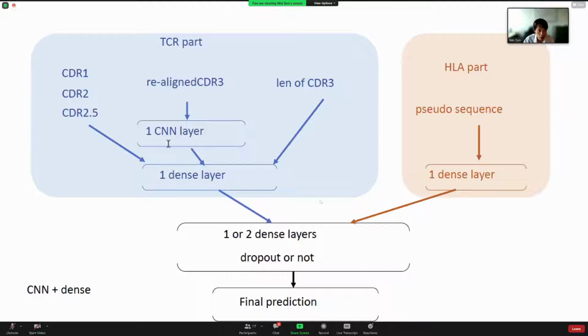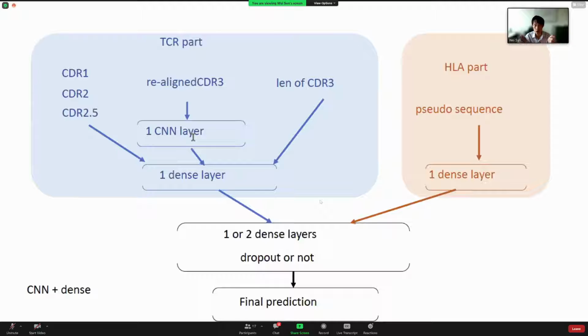And you can also add a convolutional layer here. The convolutional layer also comes with max pooling. Basically, maybe the information I want to learn is not position specific. Maybe if I have a certain sequence in the first position or the second position, they can have the same consequence.